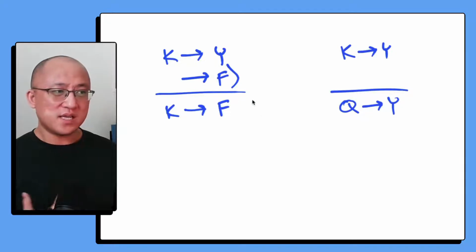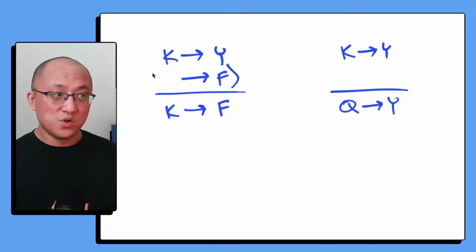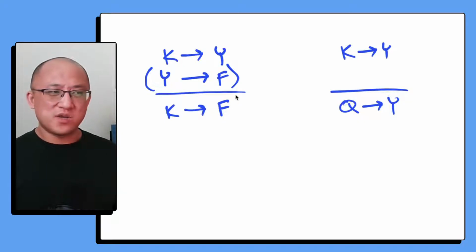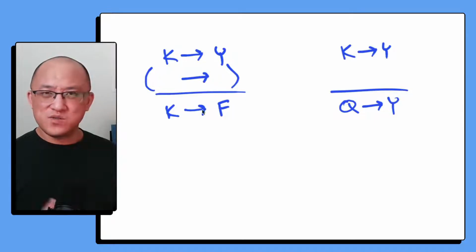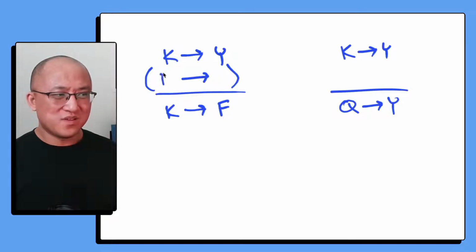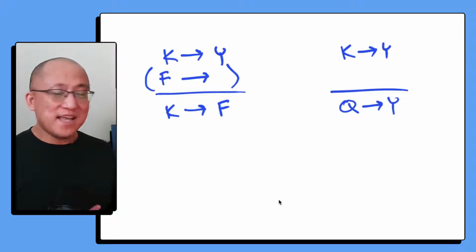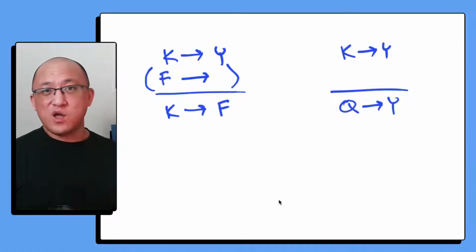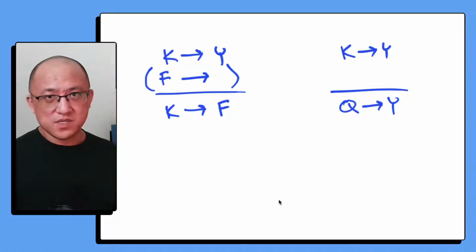So that's how you can tell in this argument what we're looking for is the Y is going to lead to F. It wouldn't work if it were the other way around. If you had an assumption that put the new concept F on the left side, that is never going to prove that K leads to F. Because all that assumption is telling me is if we start off with F, that leads to something else.